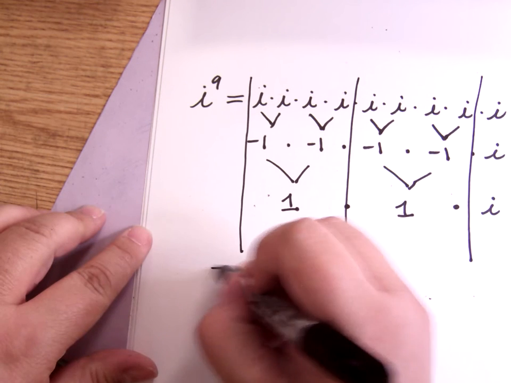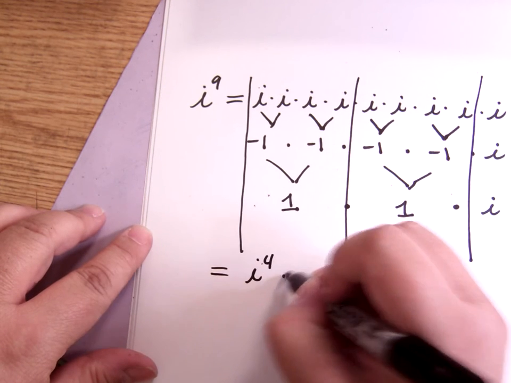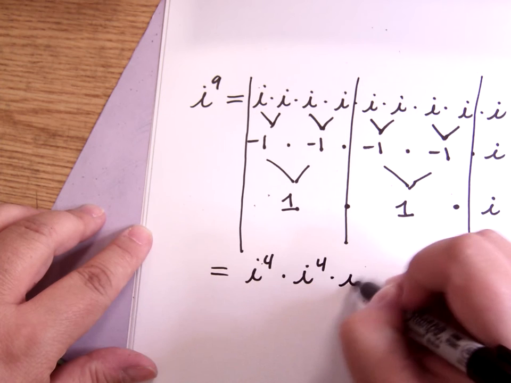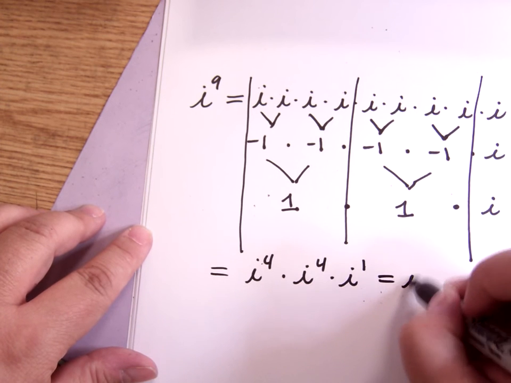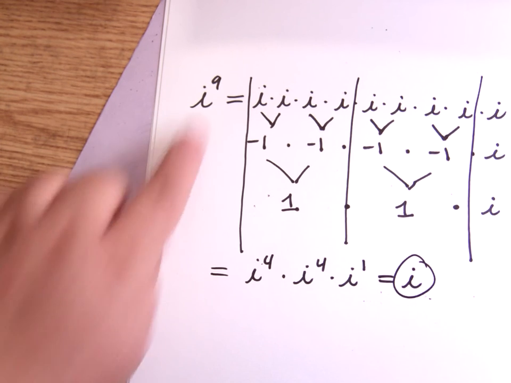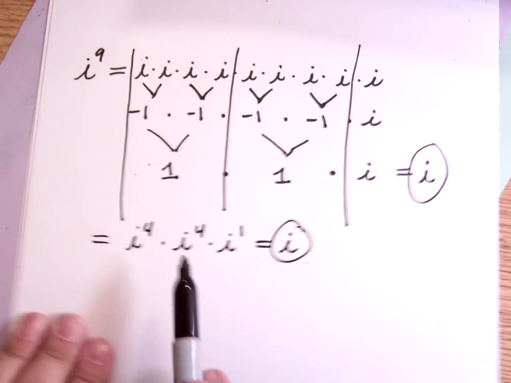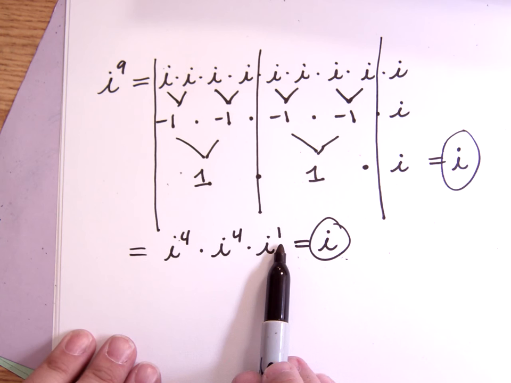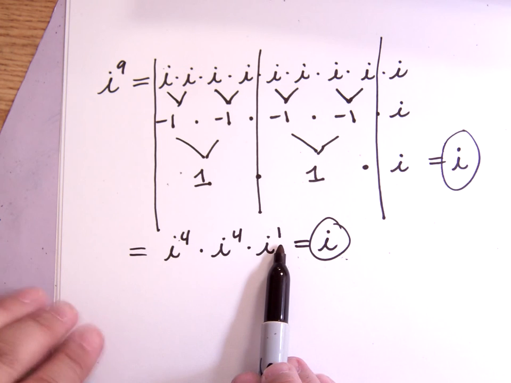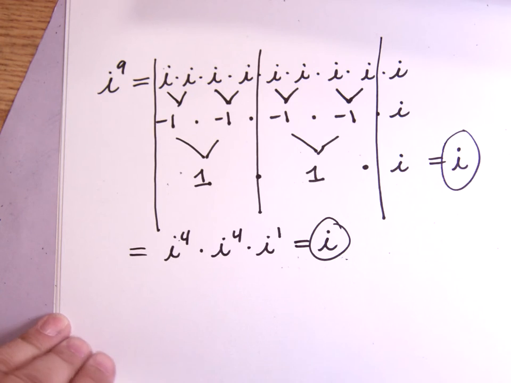So for instance, you could think of this as i to the 4th times i to the 4th times i to the 1st, which is just i to the 1st, or i. In other words, 9 can be broken into 4 plus 4 plus 1. So every time I can break it into 4 i's, that's another just plain 1.